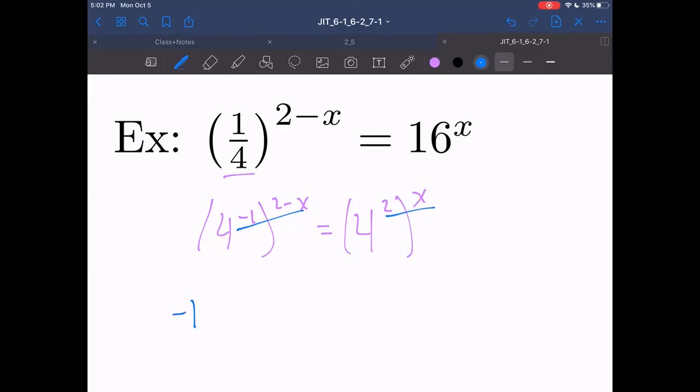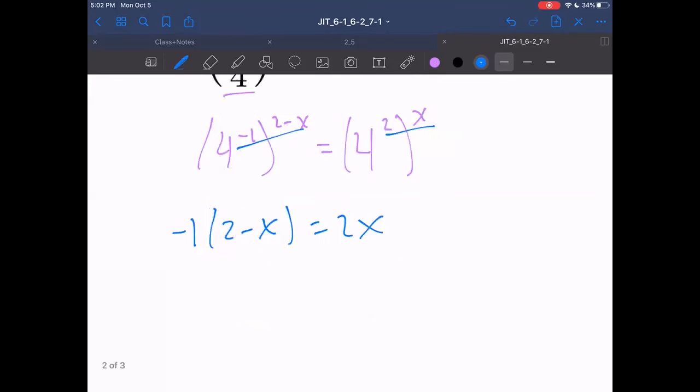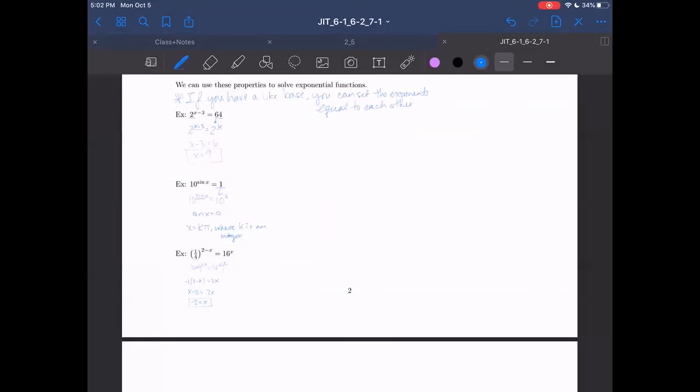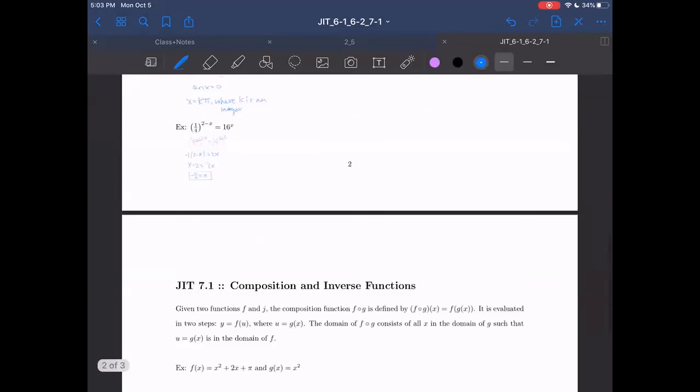So I get negative 1 times 2 minus x is equal to 2 times x. So x minus 2 is equal to 2x. So solving for x, we get x is equal to negative 2. Okay, so all of our same properties and everything still works the same with these functions.